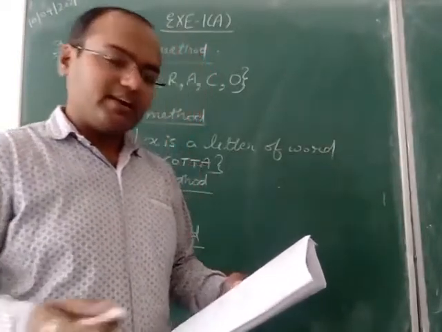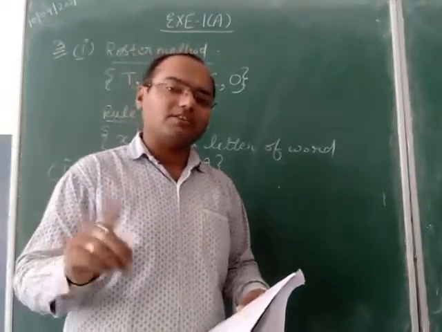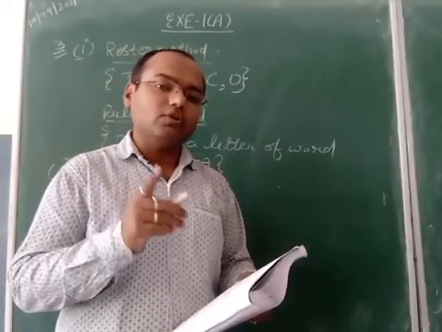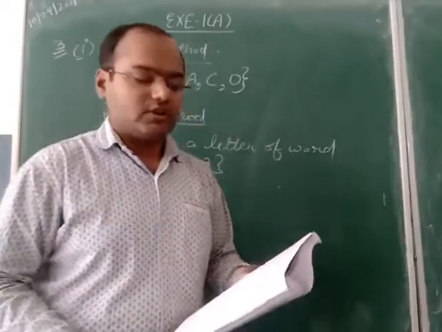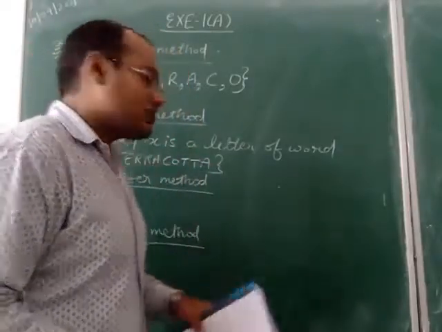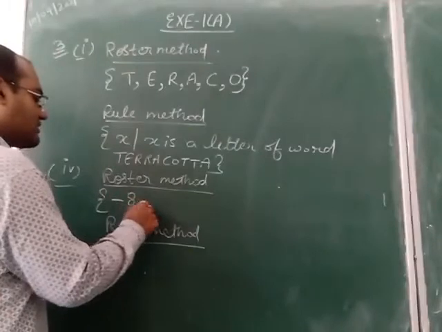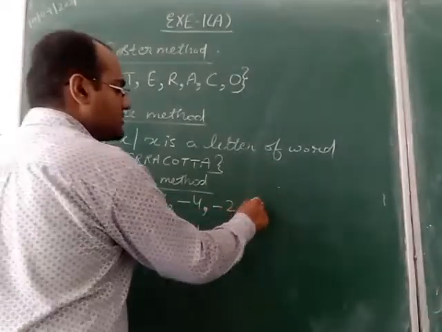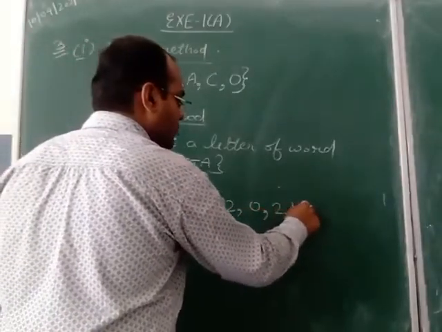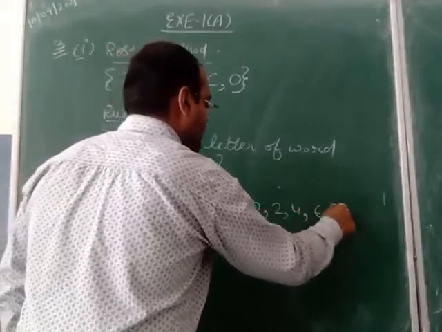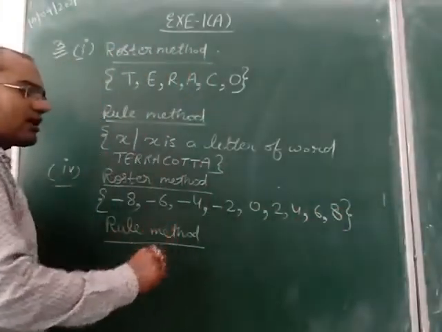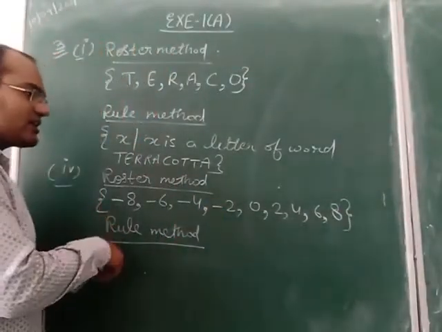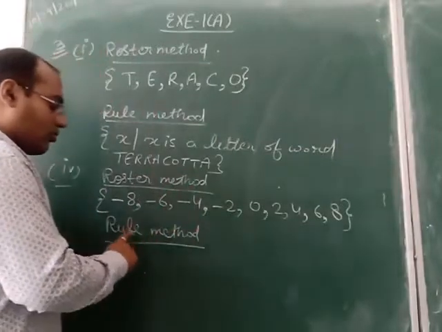Integer means we can write plus numbers also and minus numbers also. Even means those numbers which are coming in the table of 2, negative numbers also and positive numbers also, between -10 and +10. So -8 is coming, after -8 comes -6, then -4, -2, 0, 2, 4, 6, 8. These are all numbers which are in the table of 2, and all lie between -10 and +10. Now the rule method we have to write.